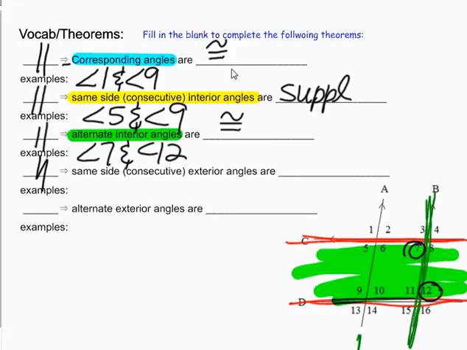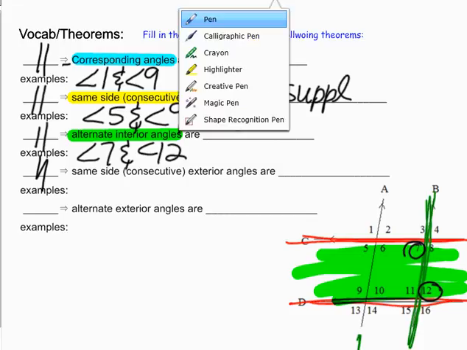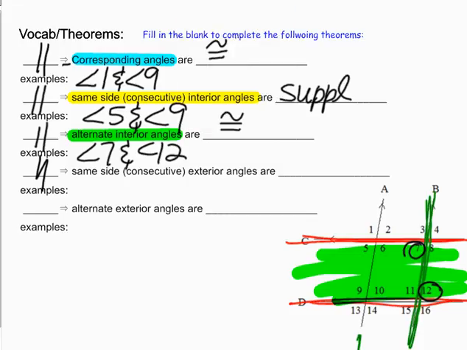If we have parallel lines, same side exterior angles. So I am going to look at the exterior angles on this one. Exterior means outside the parallel lines. Same side exterior.